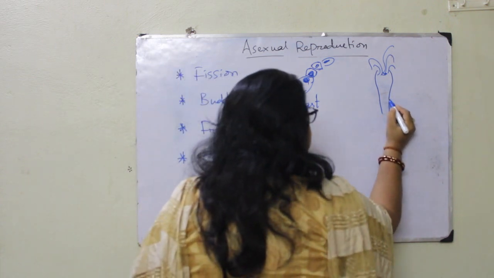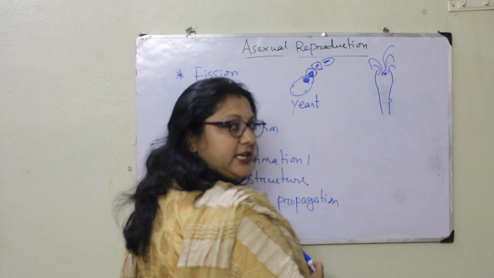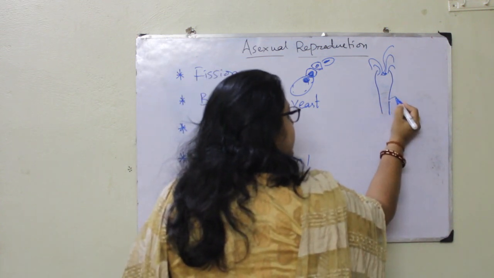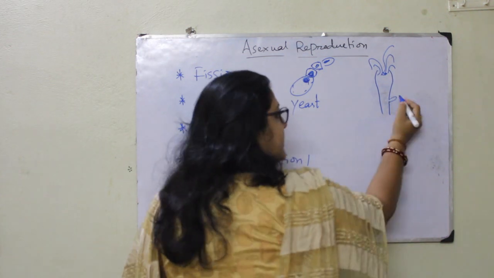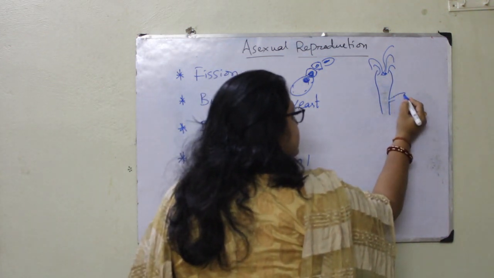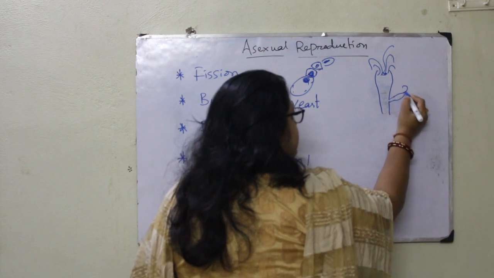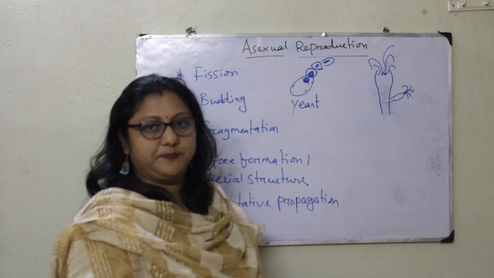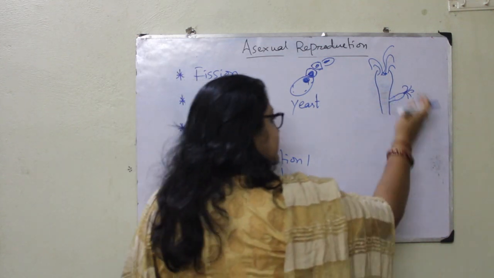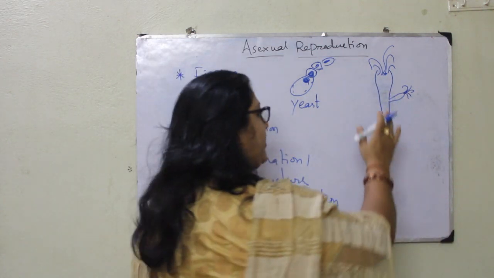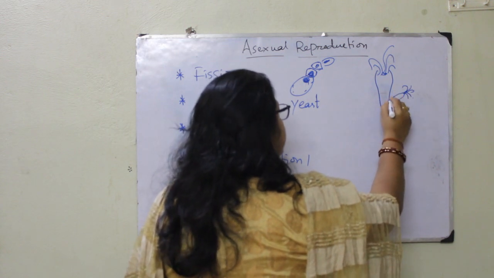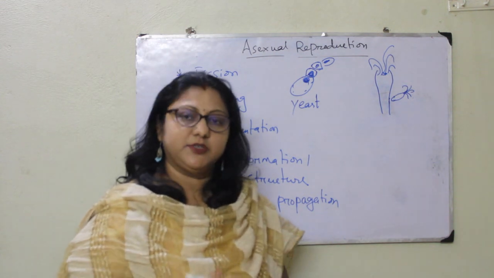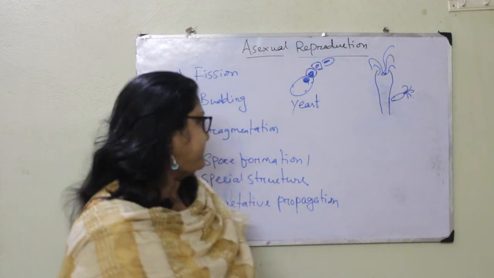The regenerative cells first form a tiny bud on the hydra body. Later the tiny bud increases in size, and even more, and then it starts developing all the parts present in the parental body. When it has completely formed all the parts, it gets detached from the parental body and lives as a separate hydra. So this is the budding process in hydra.